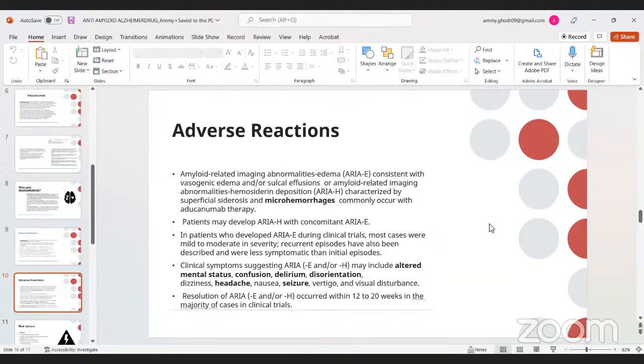Clinical symptoms suggesting ARIA-E or H may include altered mental status, confusion, delirium, disorientation, dizziness, headache, nausea, seizure, vertigo, and visual disturbance. Usually, we expect the resolution of ARIA within 12 to 20 weeks in the majority of cases, and that is what we have seen in the clinical trials.